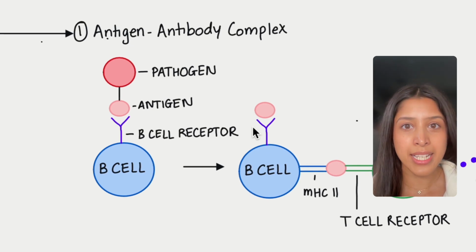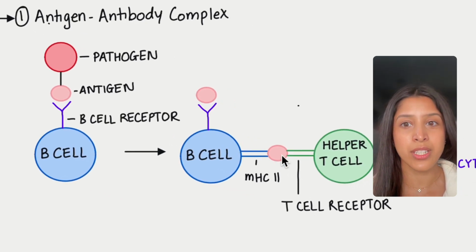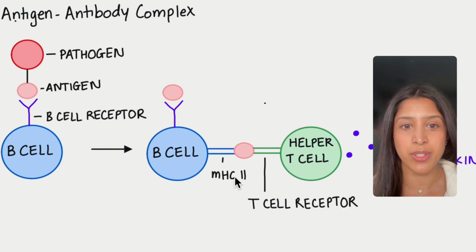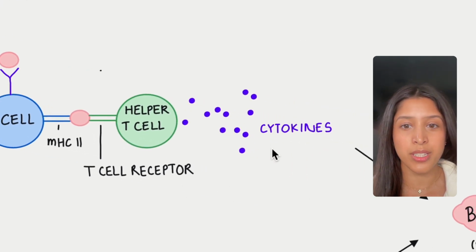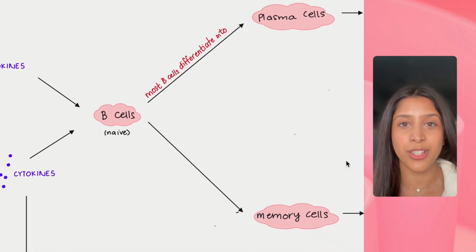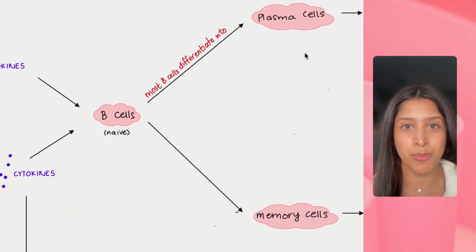So it's going to break it down and present a piece of it on its own self-antigen, which we can call a MHC class II molecule. If this helper T cell then recognizes this antigen being presented, it will go ahead and bind to it. And again, this will trigger the release of cytokines, which will give an inactive B cell the signal to begin activation. This will allow it to fully differentiate into your plasma cells and memory B cells.